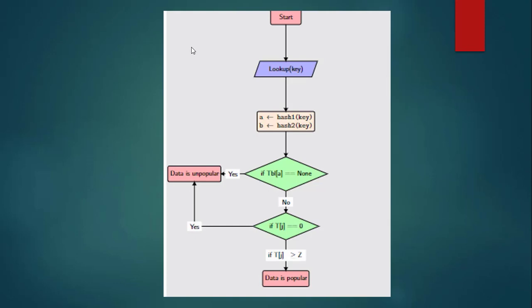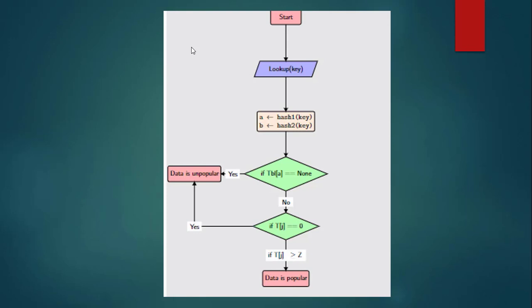Let's start with the flowchart for popular data finding. If we start, the flowchart will look up a key, and it will use the key for primary level hashing and secondary level hashing. Then it will find the primary level hashing index.